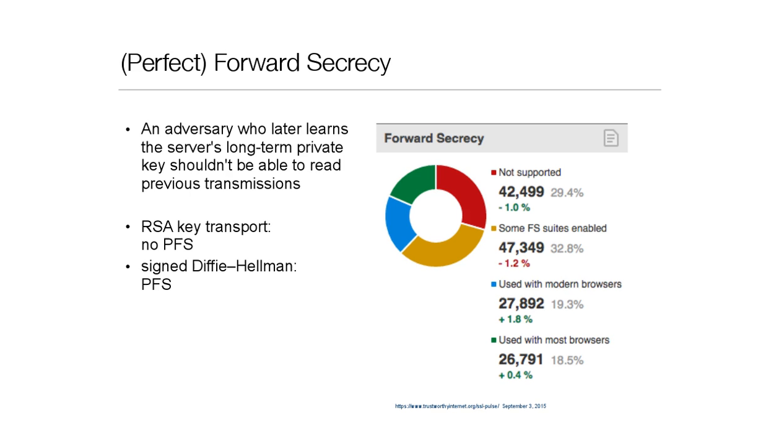So we have to have a kind of forward secrecy. What is the meaning of forward secrecy? An adversary who later learns the server's long-term private key shouldn't be able to read previous transmissions. If you have followed our lectures about discrete logarithm ciphers, there we discussed the Diffie-Hellman key exchange. We talked about long-term keys and ephemeral keys.